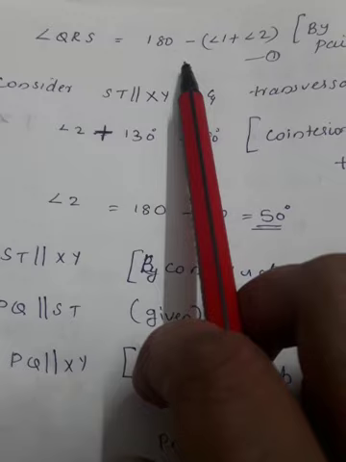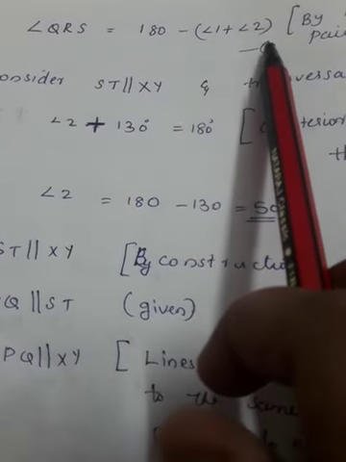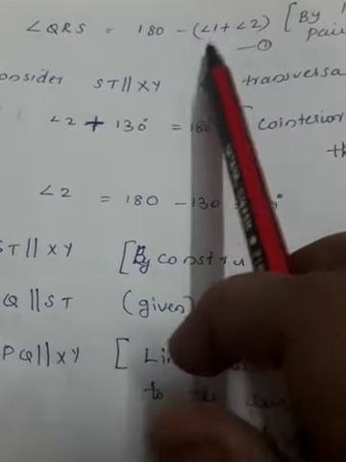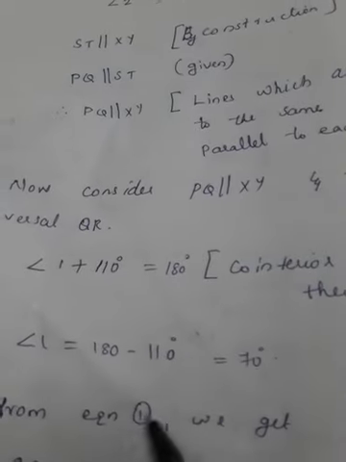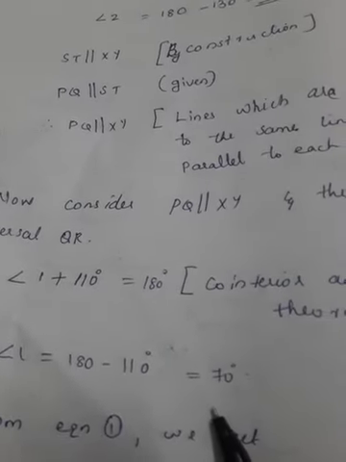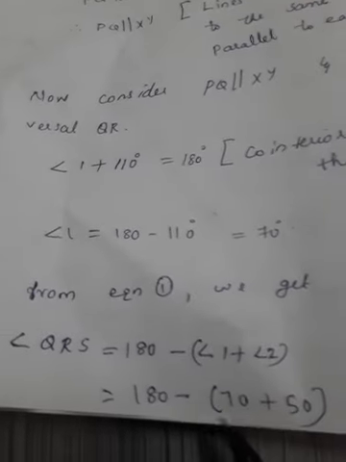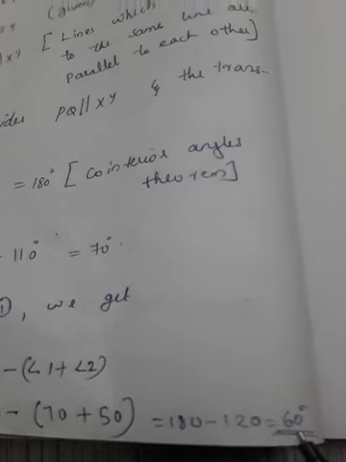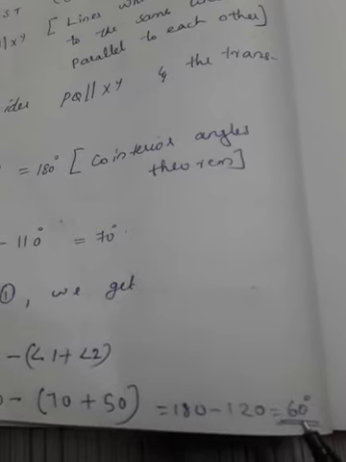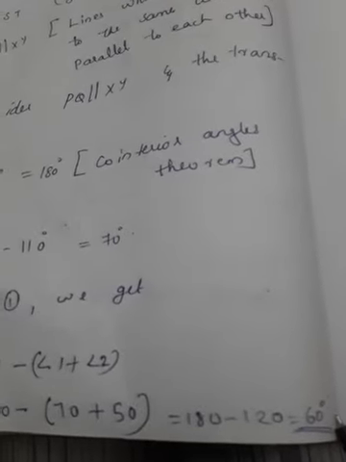QRS equals 180 minus angle 1 plus angle 2. So 180 minus 50 plus 70, 180 minus 120, that is equal to 60 degrees. So angle QRS equals 60 degrees.